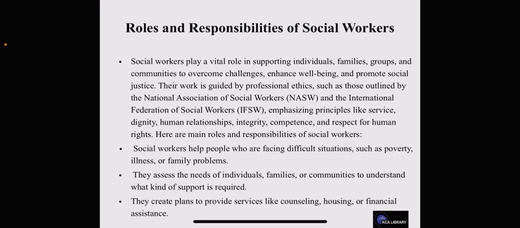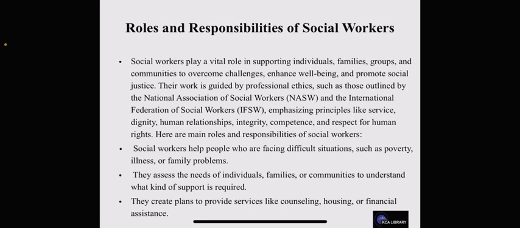A social worker is a professional individual with a traceable academic background in the world of social work, and they play a vital role in supporting individuals, families, groups, and communities to overcome challenges, enhance well-being, and promote social justice.